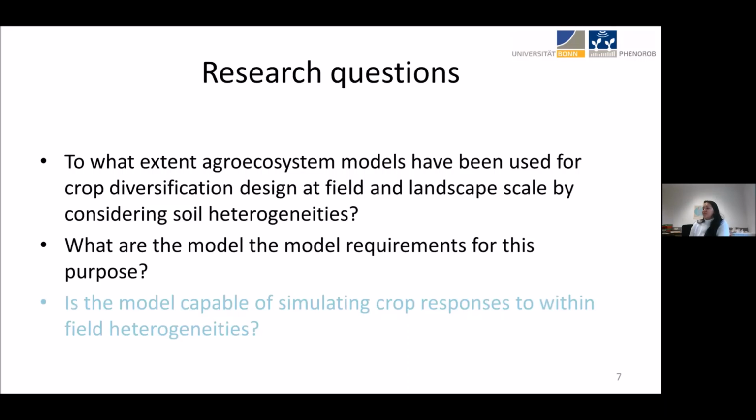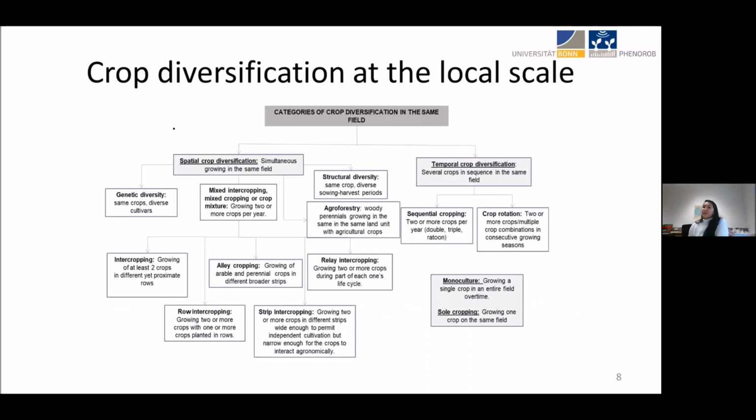For the first two questions, we conducted a paper review that we submitted early this year, and I'm going to show you some of the results now. We define crop diversification first at the local scale. There is spatial crop diversification, which can be as simple as genetic diversity, which is the same crop but different cultivars in the same field, and more complex ones, such as agroforestry, which is the combination of trees with crops growing in the same field.